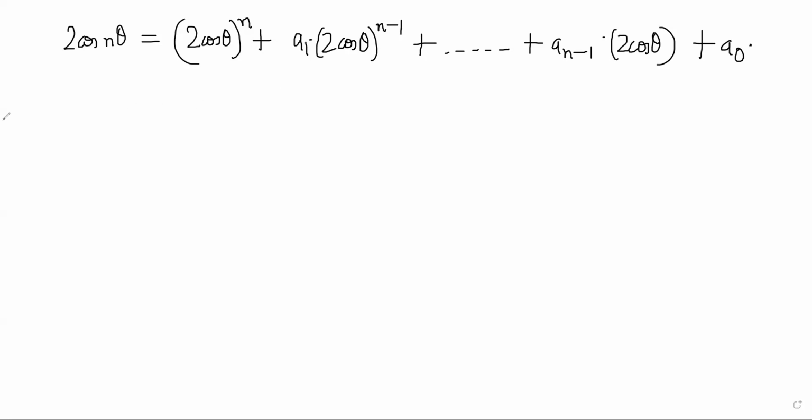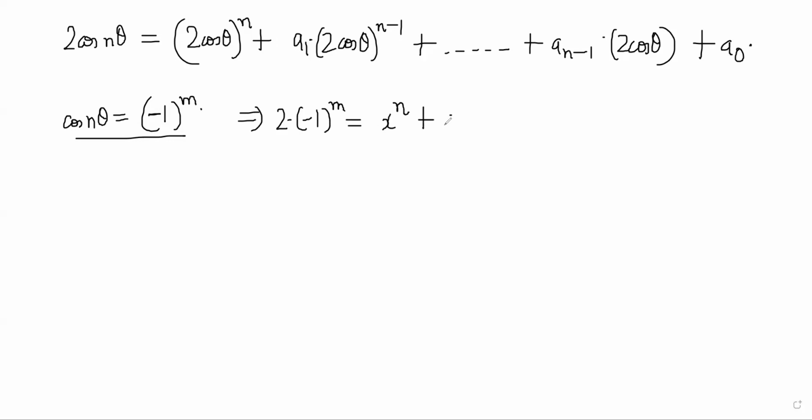Okay. So now, I know initially from the problem that cos of m theta was equal to minus 1 power m. We knew that initially because theta by pi was equal to m by n, right? So from there, if you put that here, we get 2 into (minus 1) power m is equal to x power n plus a1 x power n minus 1 plus a(n minus 1) x plus a0. Here I have taken x as 2 cos theta.